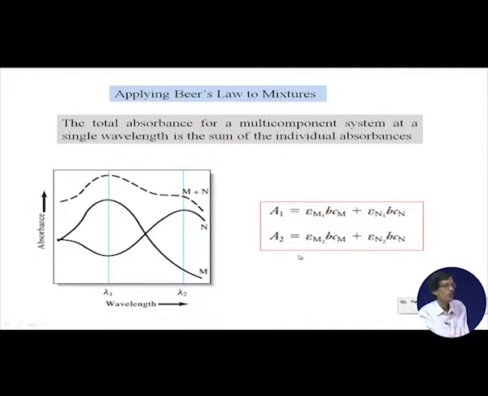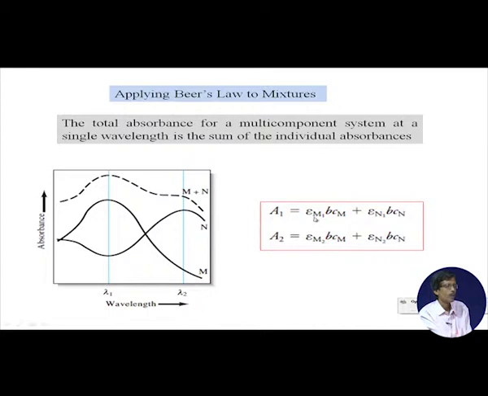So, how do we know? We know that A1 is nothing but, since these two are additive, the individual absorbance of M species plus the individual absorbance of N species. What is this M1? M1 is the absorbance of M, which, as we all know, has a maximum at lambda 1 but a minimum at lambda 2.